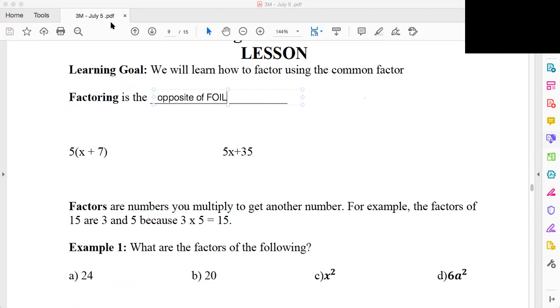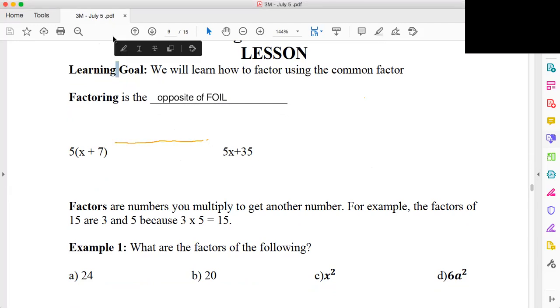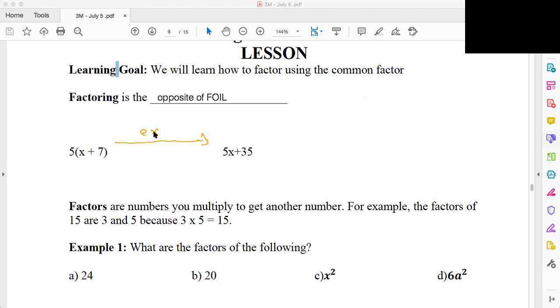If we look here, we have 5x plus 7, that is the factored form of our 5x plus 30 right here. Here we are expanding, so our FOIL. Okay, so that is expanding, and to go the opposite way is factoring.